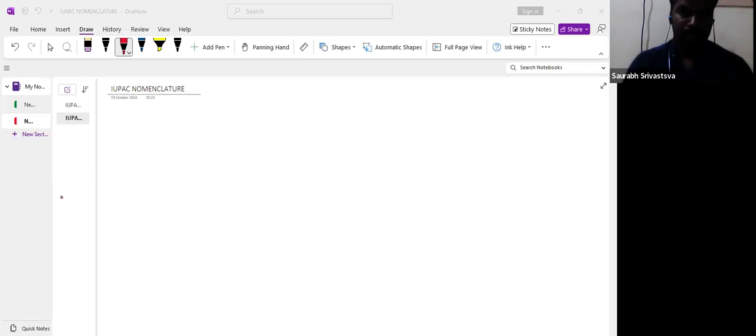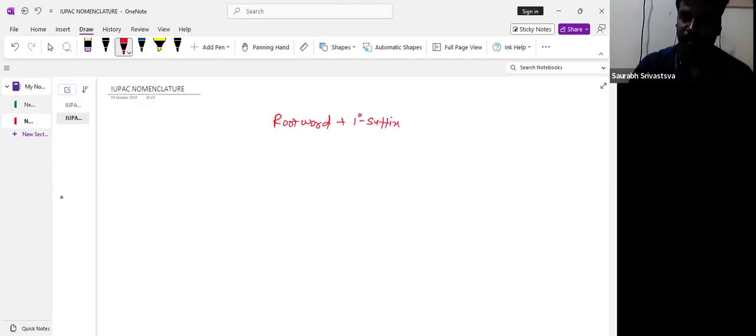First, we should know the rules of IUPAC nomenclature. What are the steps we need to follow? The first step is the root word. The second is the primary suffix, and the next one is the secondary suffix.